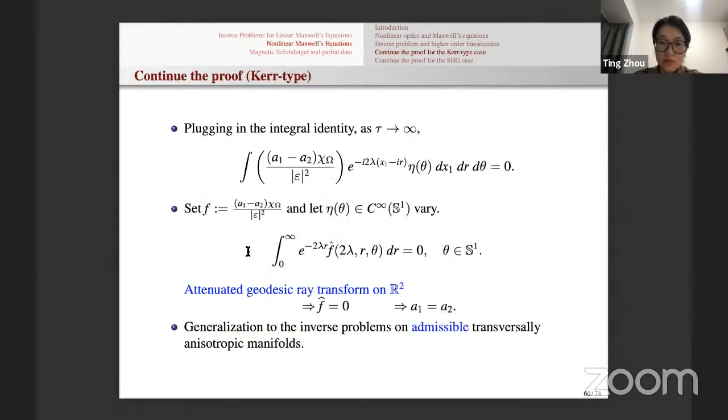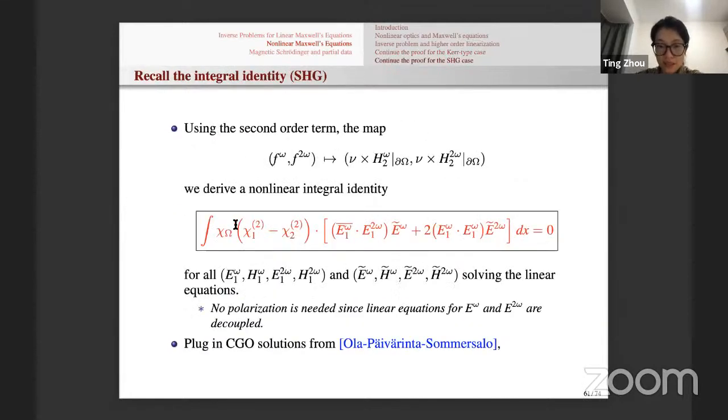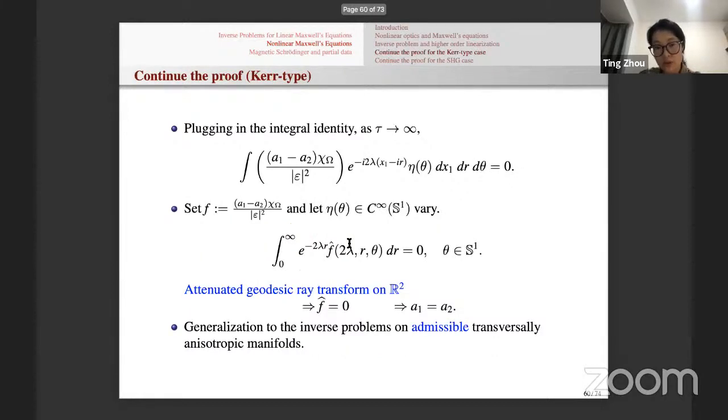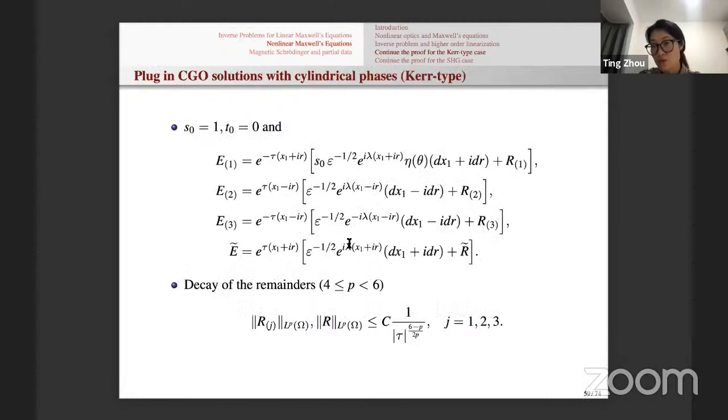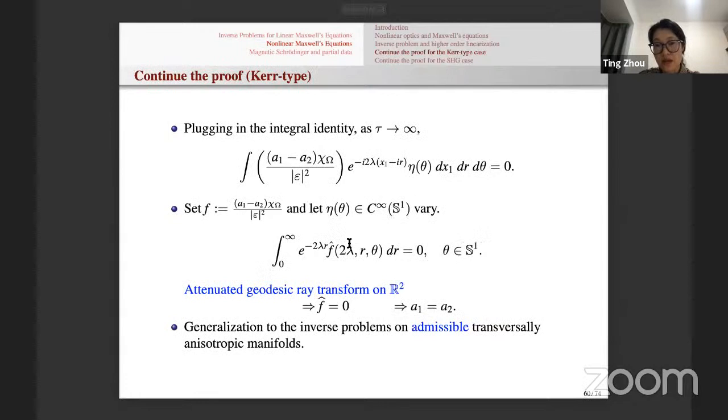What I'm trying to say is that the integral identity for the higher order linearization for this type of inverse problem is essentially only looking at the electric field and magnetic field, so it's more of the left column situation. When you plug in CGO solutions, you have to be very careful. Sometimes you run into this problem, like when you have a product of, say, 4 solutions and you lose the leading term.